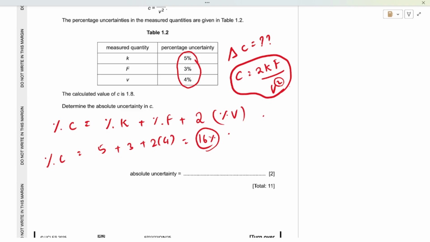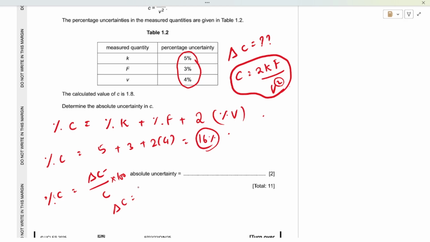For finding the absolute uncertainty value, we know the percentage uncertainty formula: percentage uncertainty is equal to delta C divided by the value of C, times 100. This is the actual value and this is the absolute uncertainty value. It's very important to multiply by 100 because it is percent uncertainty.